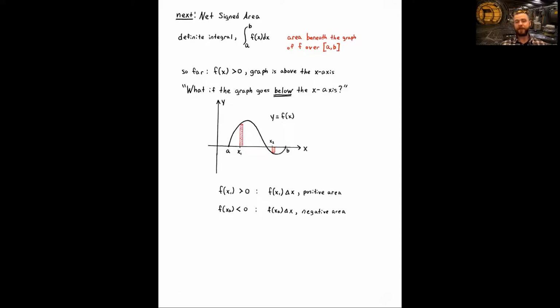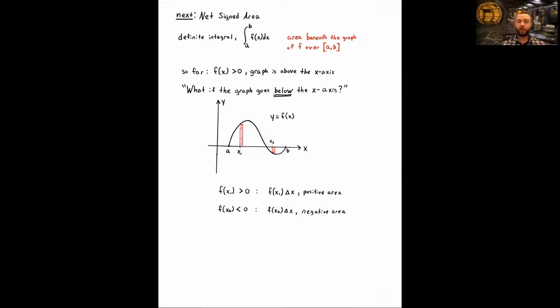If you were to look at a rectangular approximation for the part above the x-axis, your rectangle goes from the x-axis and hits the graph. And from the x-axis, since the graph is above, we draw upwards with our rectangle, so it looks oriented like that. So let's say that was an endpoint, x sub 1.